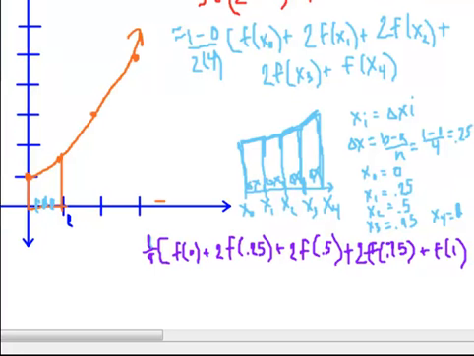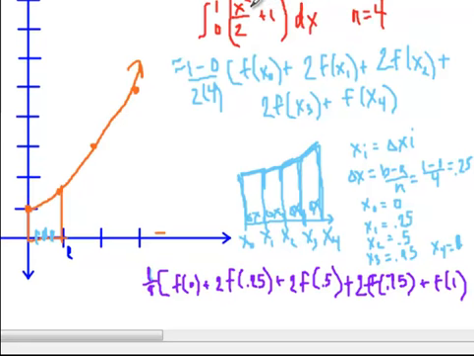Now this just requires you to go back to what your function is. So here was our function. It's x squared over 2 plus 1. So what you're going to have to do is plug in, well, what is 0 squared divided by 2 plus 1? That first piece is going to be 1/8 times f of 0, which is 1, plus 2 times f of 0.25.